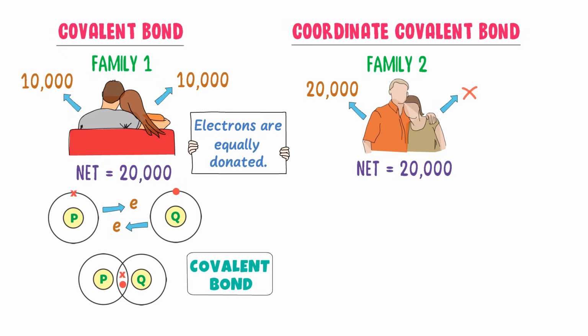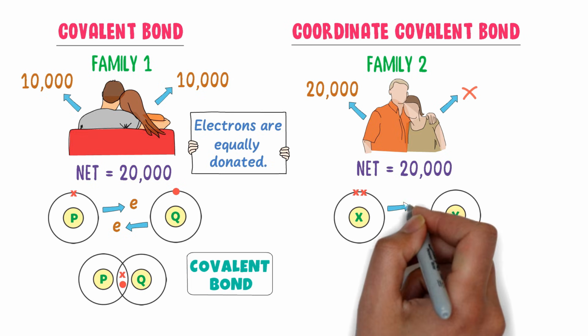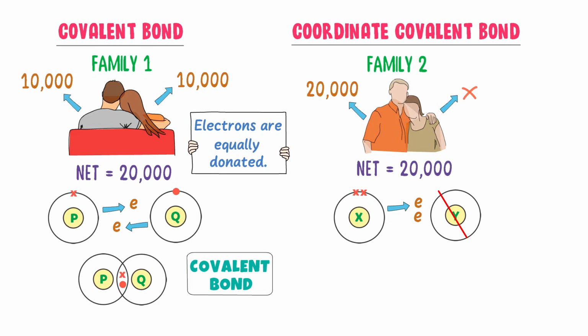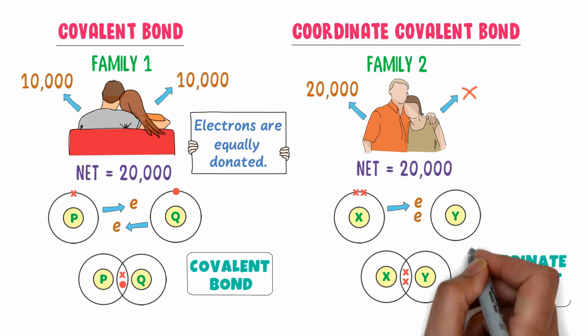Now consider 2 atoms, atom X and atom Y. Just like Mr. Najam, atom X donates 2 electrons and atom Y doesn't donate any electron. So the electrons are shared between these 2 atoms to form a coordinate covalent bond.